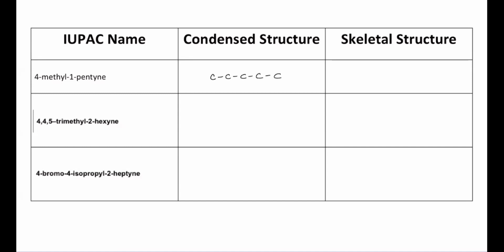My carbon-carbon triple bond is in between which 2 carbons? Great. Then my methyl group is on carbon 4. Now I add the hydrogens. There's 1 right here, 2 right here, 1 right here, 3 right here.